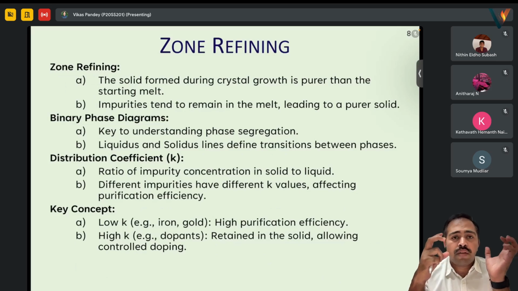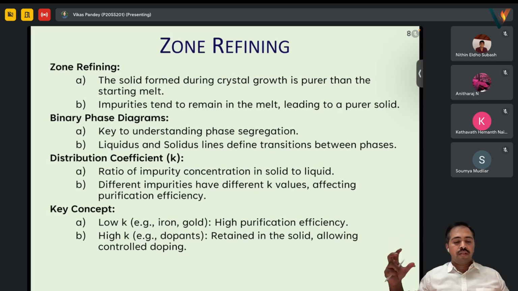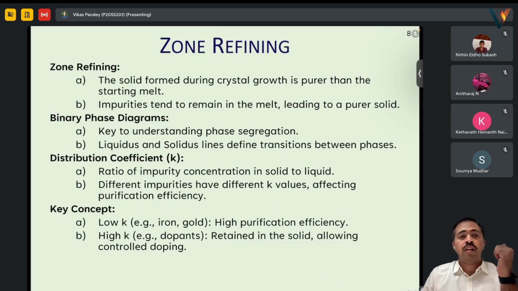We have a rod-like structure; it is melted and this melted part is moved forward. The concept is that the solid formed during crystal growth is purer than the starting melt.